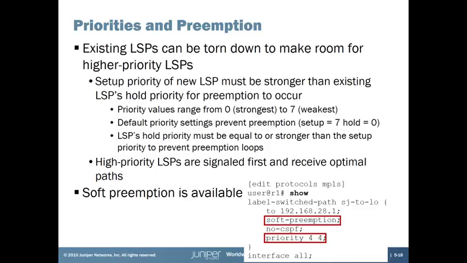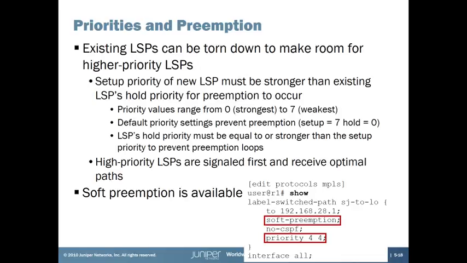So let's take a look at a couple of concepts here. There are two things we said. We can put a setup priority, we can put a hold priority. So the setup priority is used when the path is being established. And what that setup priority does is it looks at the available bandwidth, looks at the bandwidth you have requested, and if it gets to a situation where the bandwidth is not available that you've requested, then what it does, it looks at the LSPs that already exist and it looks at their hold priority.